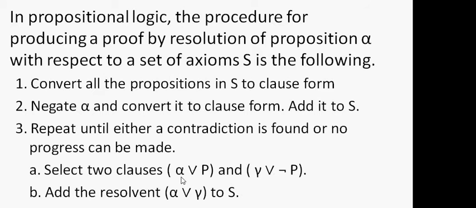If we find these two clauses, then we can resolve them and the result will be alpha or y, and that resolvent can be added to S. We continue these two steps until we reach a contradiction. So we'll see an example now.